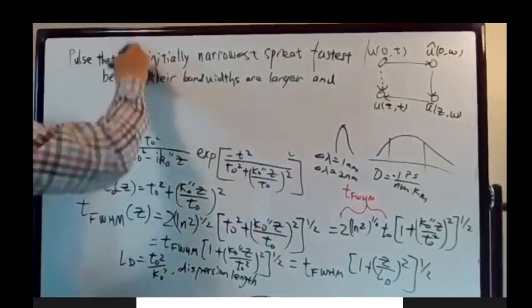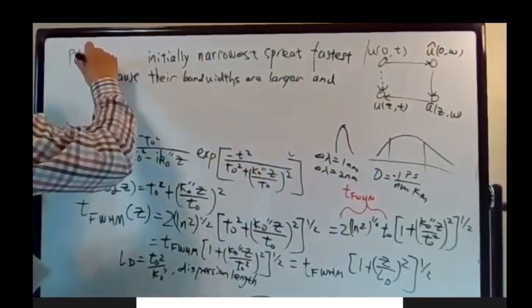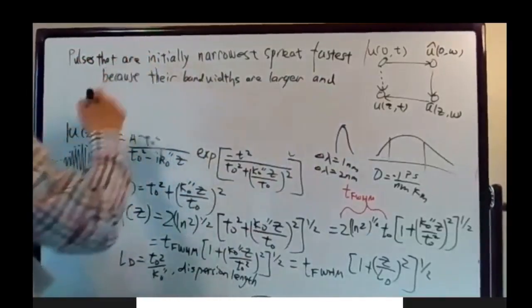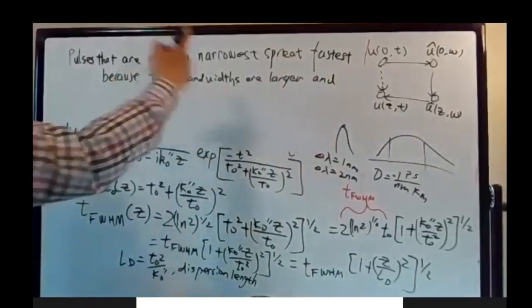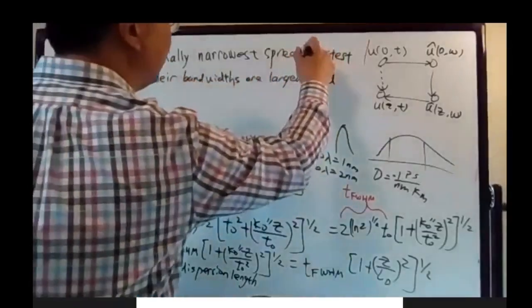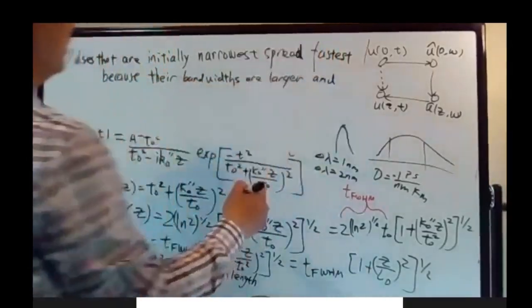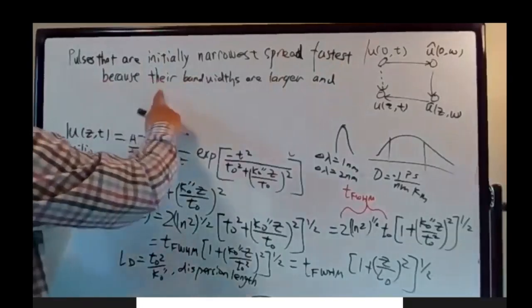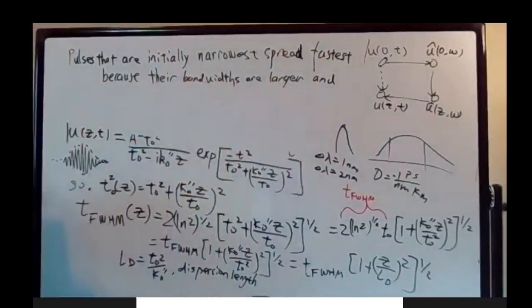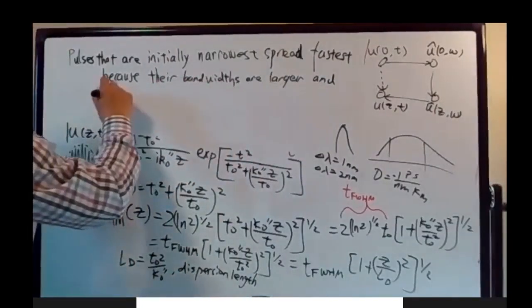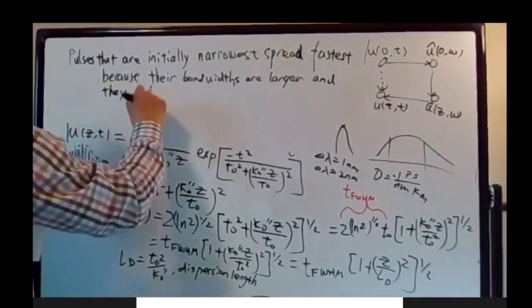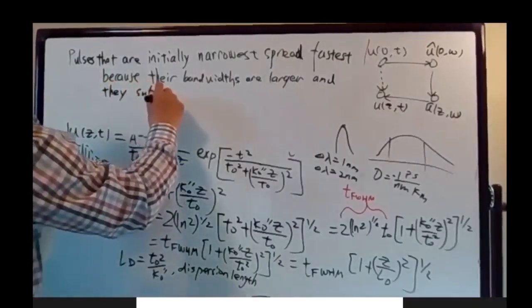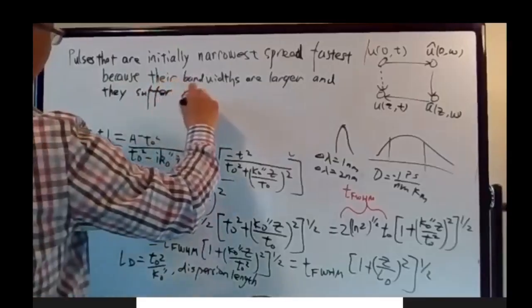Let me say pulses: pulses that are initially narrowest spread fastest because their bandwidths are larger and they suffer more dispersion.